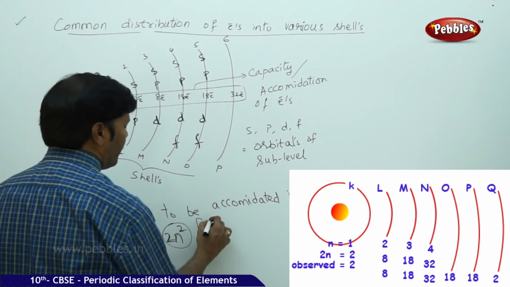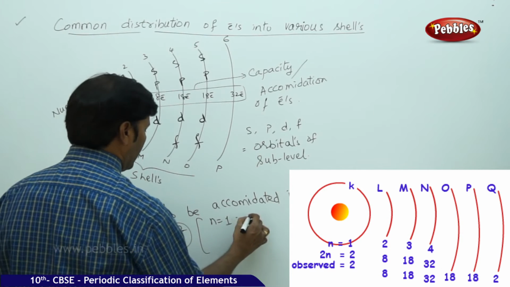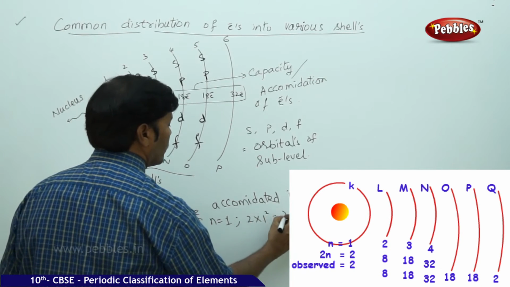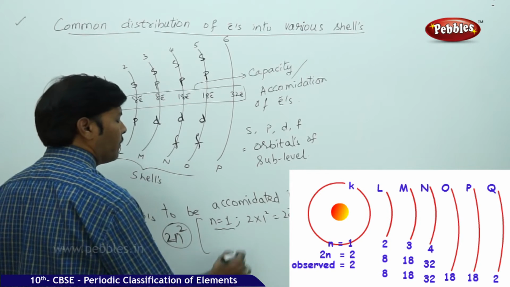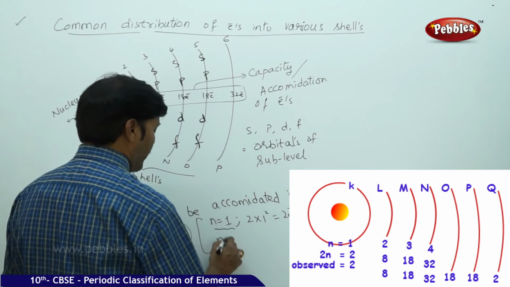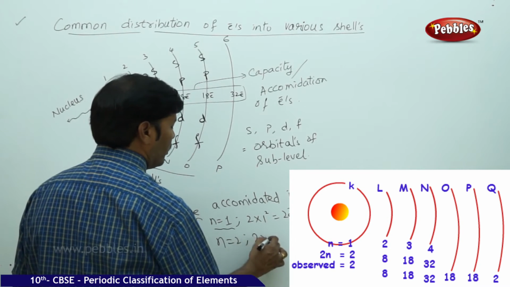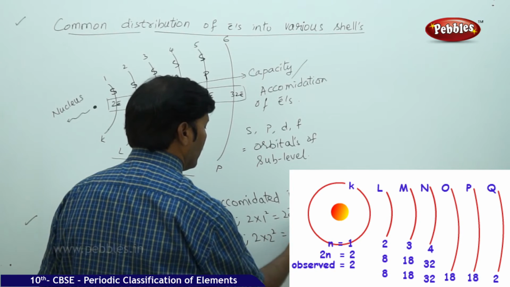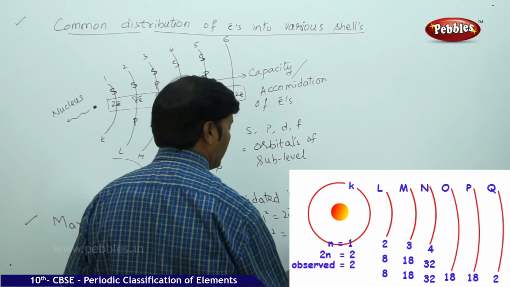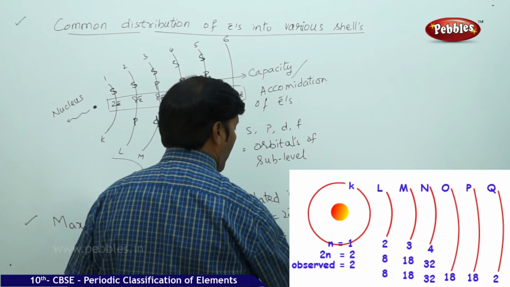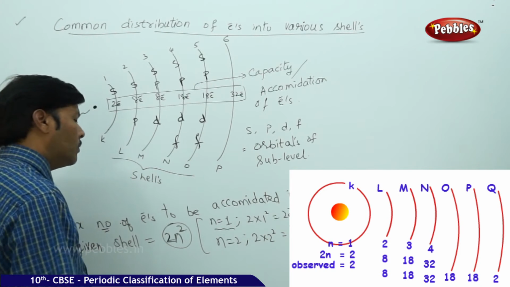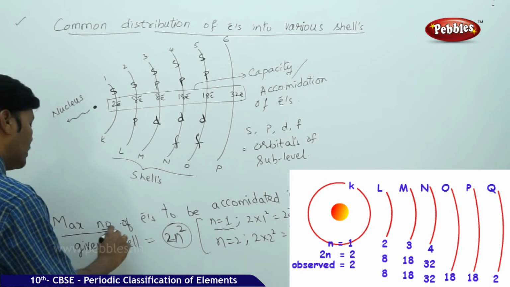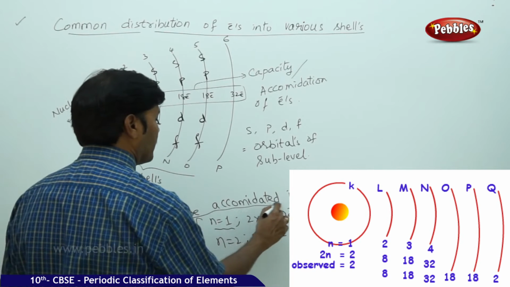If n is equal to 1, then 2 into 1 square is equal to 2 electrons. That means the first shell can accommodate 2 electrons. If n is equal to 2, 2 into 2 square gives a total of 8 electrons, and so on. So this is the accommodation of electrons into various shells or energy levels.